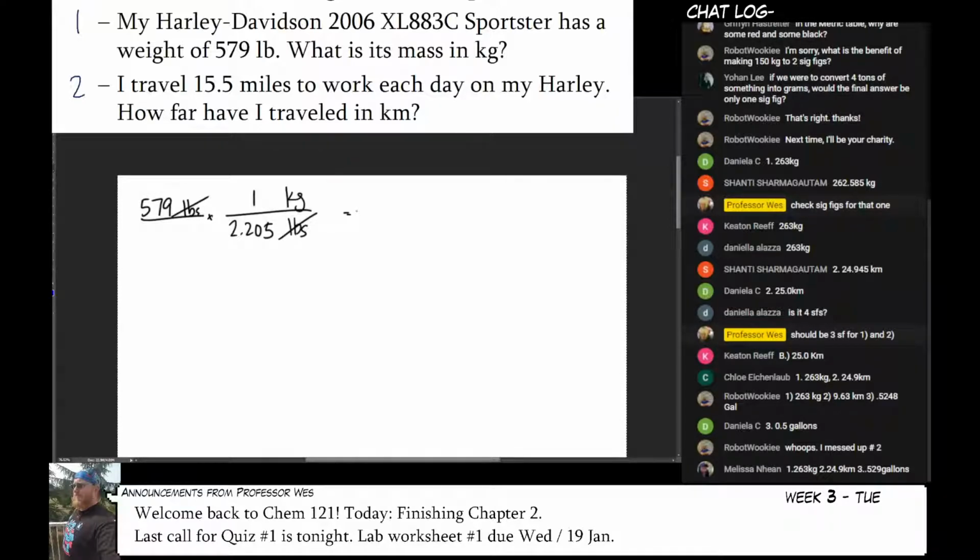So if I take 579 divided by 2.205, I get 262.58, which for 3 sig figs would be 263 kg. And then to check sig figs again, this is 3 sig figs, this is 4, and this we ignore. 3 is the lowest, so my answer should have 3 sig figs.